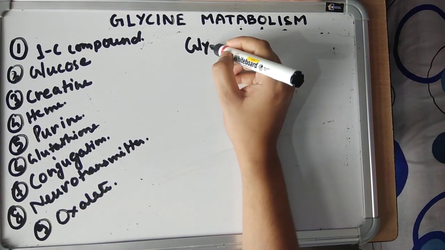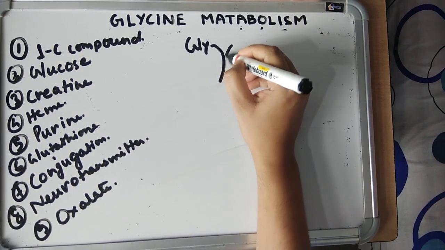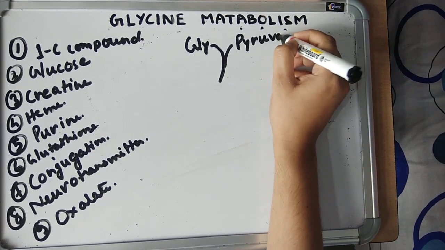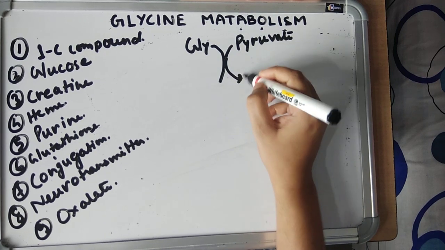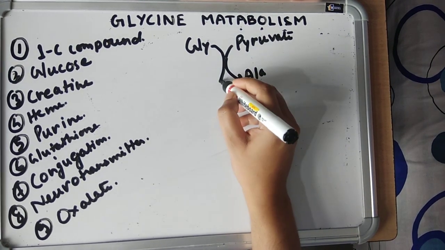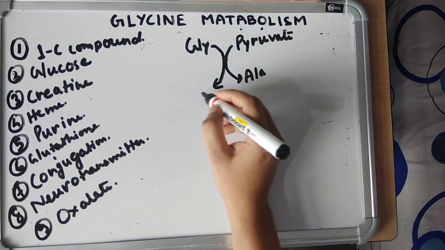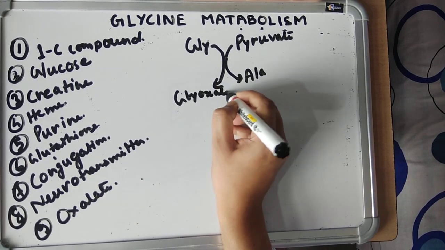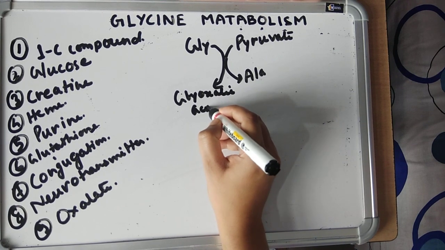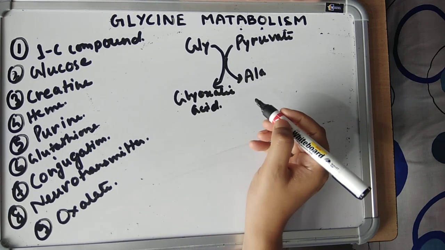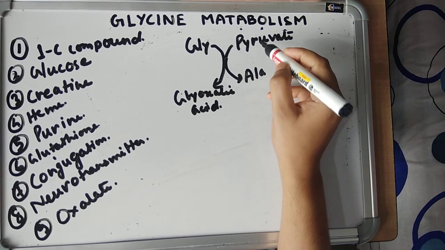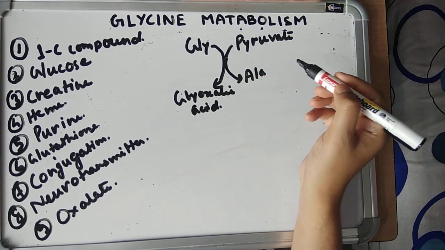First, glycine undergoes transamination with pyruvate. Pyruvate forms alanine and glycine forms glyoxylic acid. And this reaction is catalyzed by the aminotransferase alanine glyoxylic acid aminotransferase.